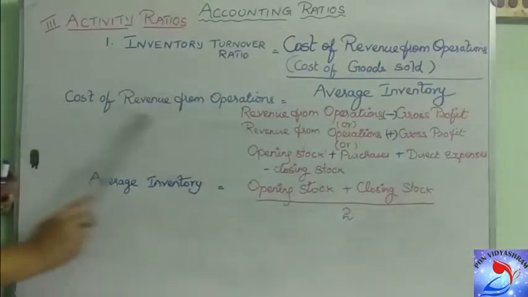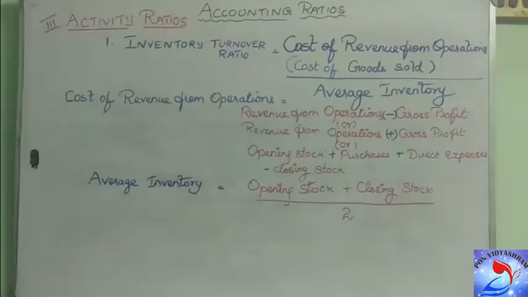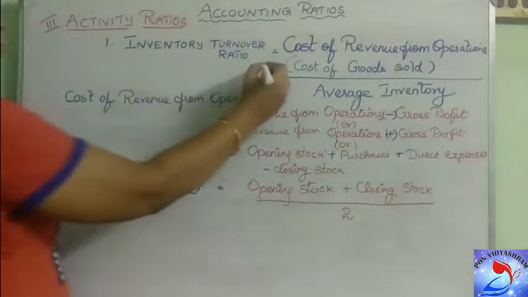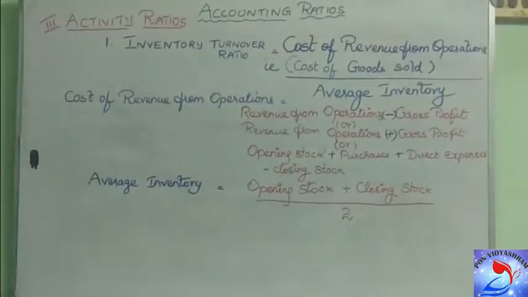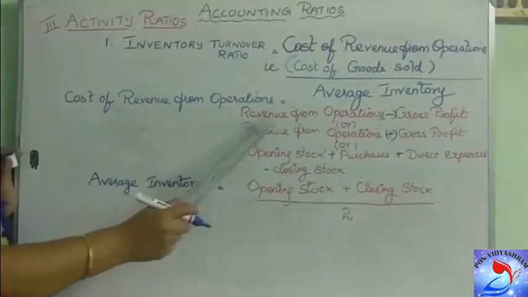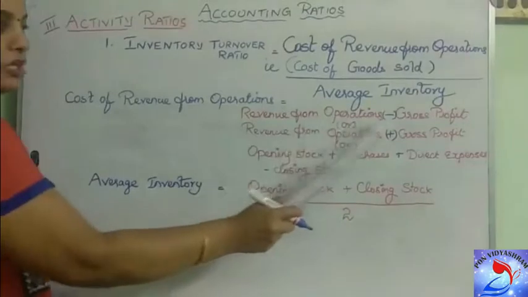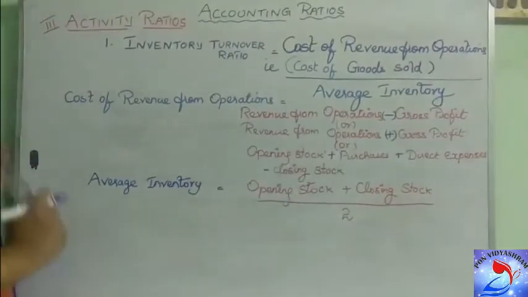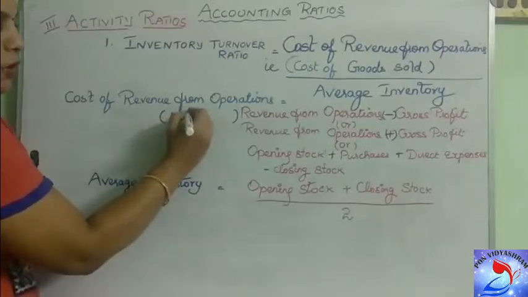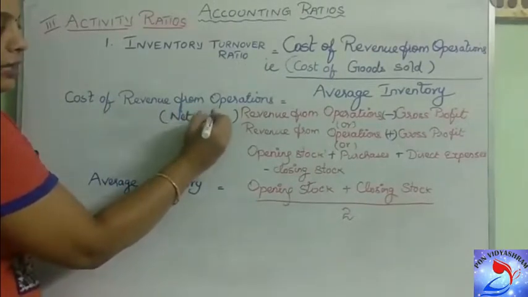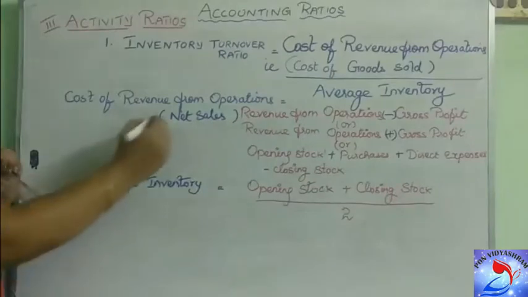How will you find out cost of revenue from operation? This is otherwise called cost of goods sold. It can be calculated by revenue from operation minus gross profit. What is revenue from operation, children? Another name for revenue from operation is net sale.